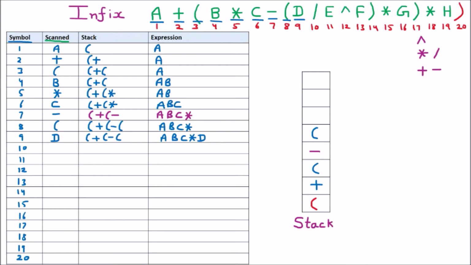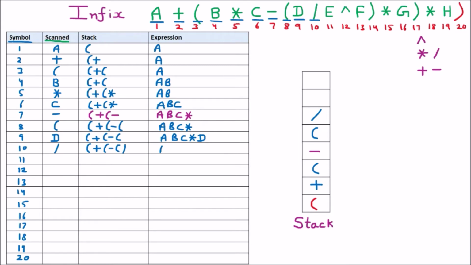Now the 10th symbol is divide. So divide is the operator. Case number 1. Check if there is some operator on the stack. No, there is no operator. So simply place the operator here. The precedence of bracket is much less than the slash. Now here we have bracket plus bracket minus bracket and then slash.